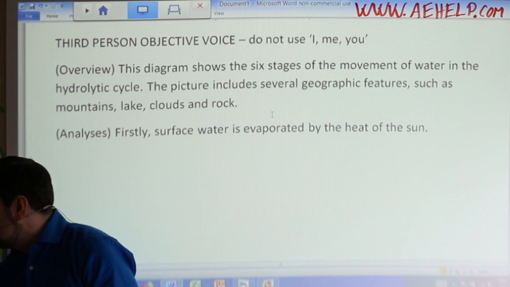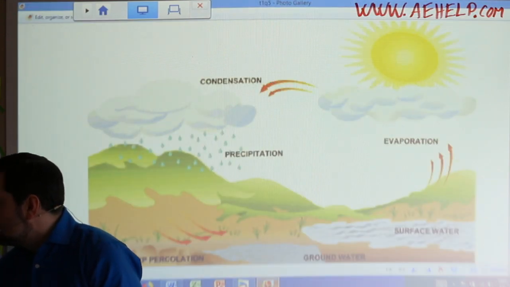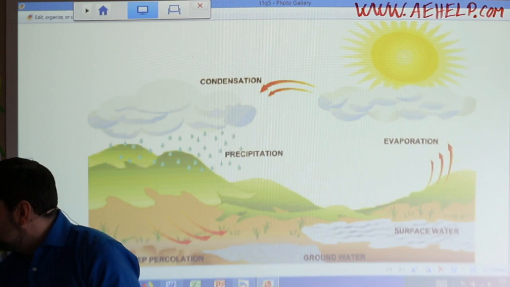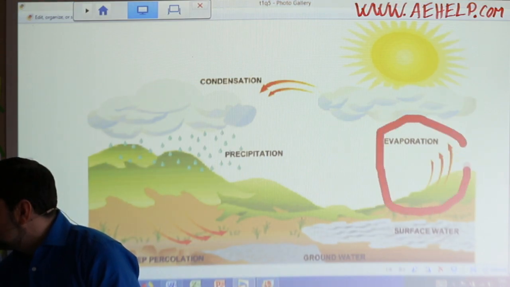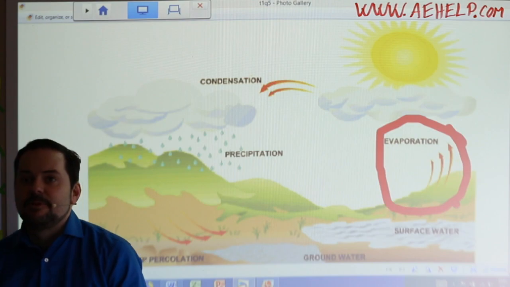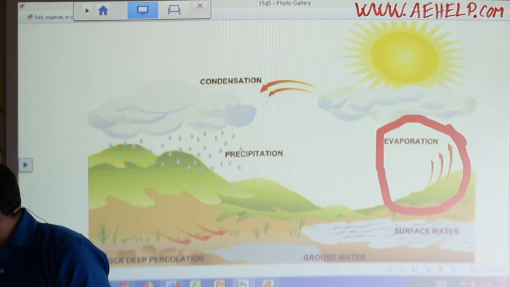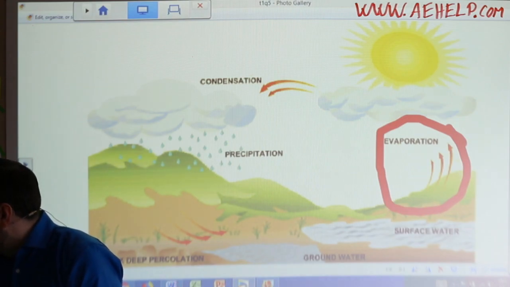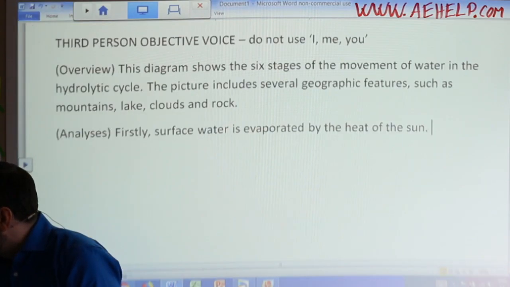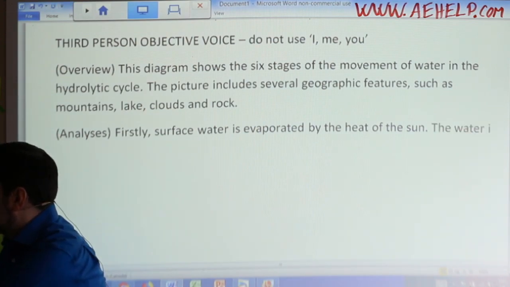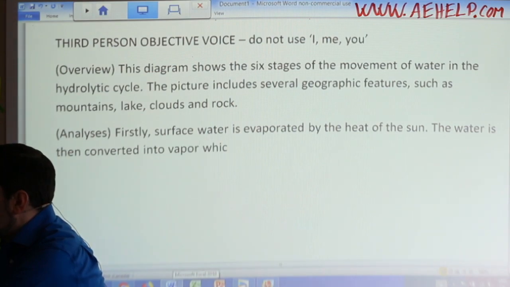So firstly, surface water is evaporated by the heat of the sun. So what happens here when this evaporation happens? So the surface water is evaporated by the sun. The water is then converted into vapor, which moves high in the atmosphere.